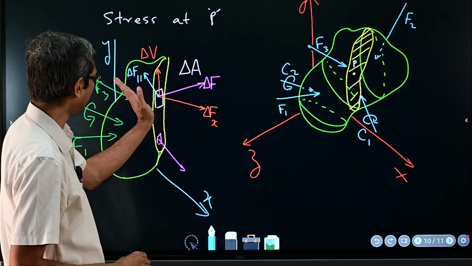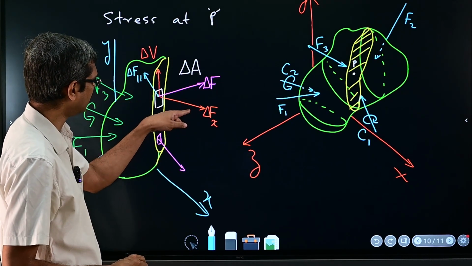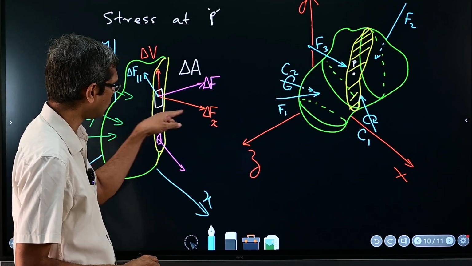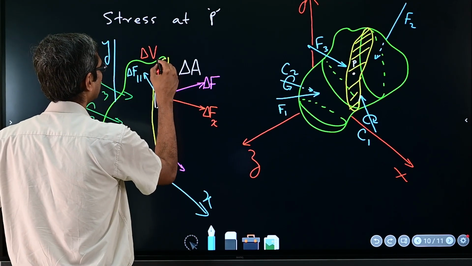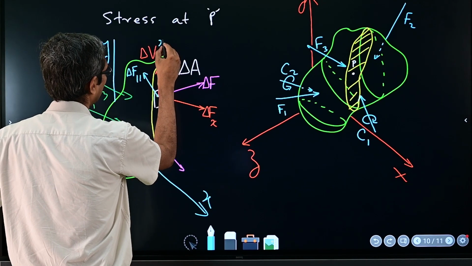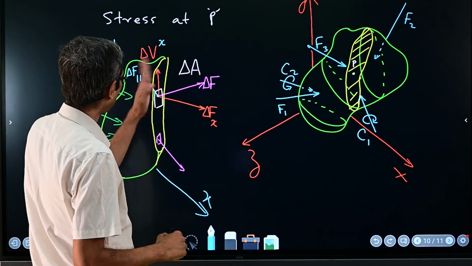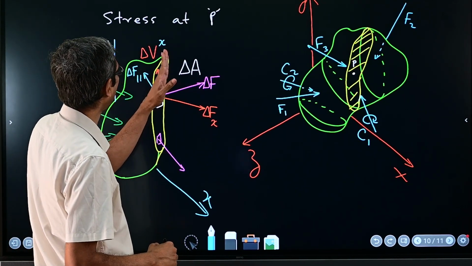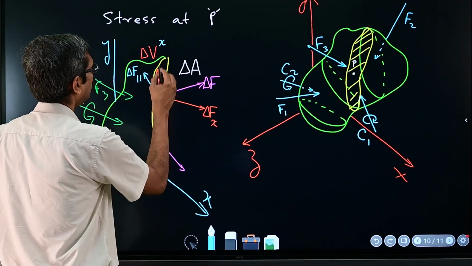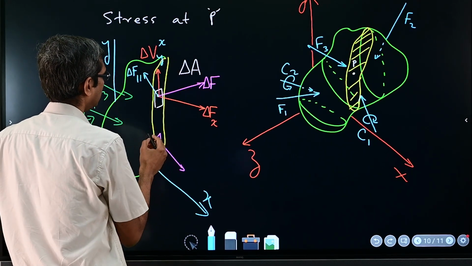Now this is delta V, but I have to tell some directions also, right? Now this has come from resolving one component in the x direction. So first thing is that I'll put that x here, and then I am resolving this F parallel into the y direction.